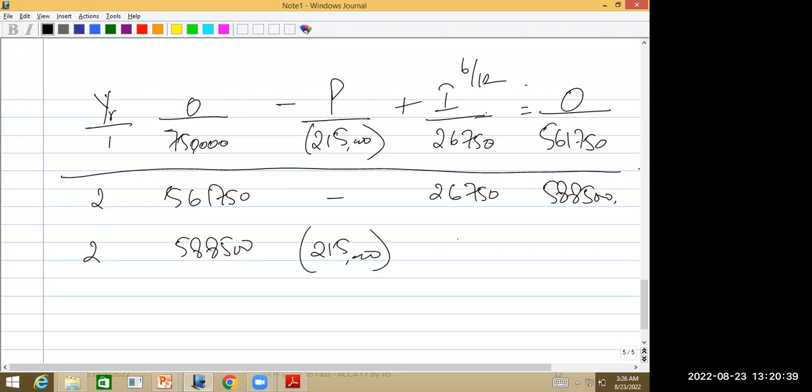Then 6 by 12. 588,500 minus 215,000 into 10%, 18,675. Am I right? So this is my obligation at end.